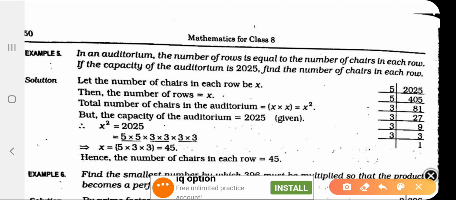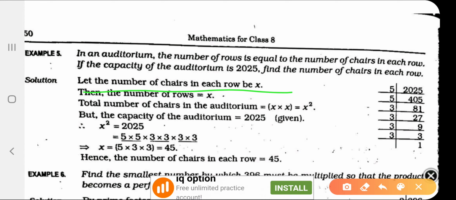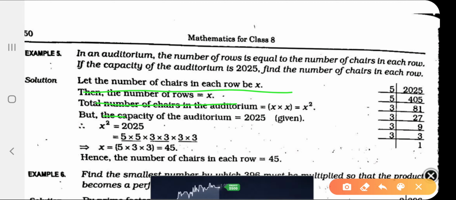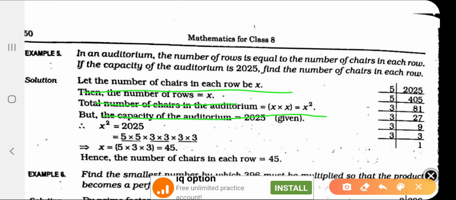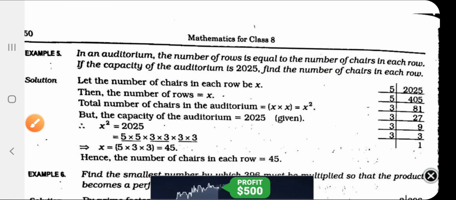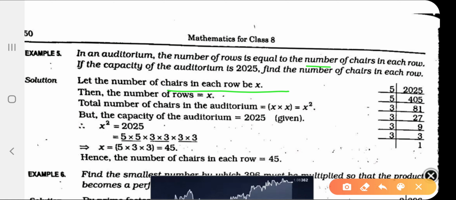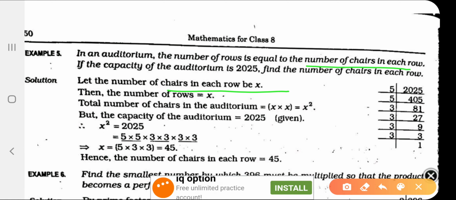In an auditorium, the number of rows is equal to the number of chairs in each row. If the capacity of the auditorium is this, find the number of chairs in each row. Very simple, you have to find the square root here. Let the number of chairs in each row be x, then the number of rows is also x.